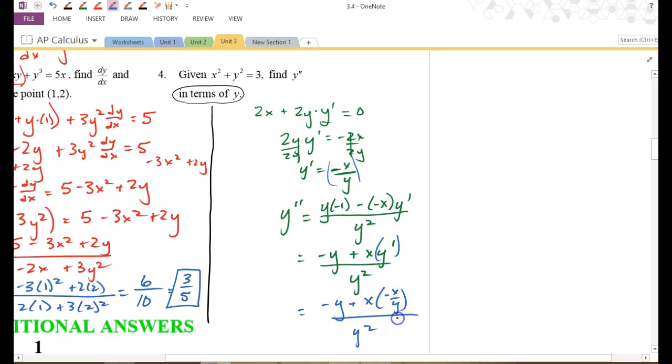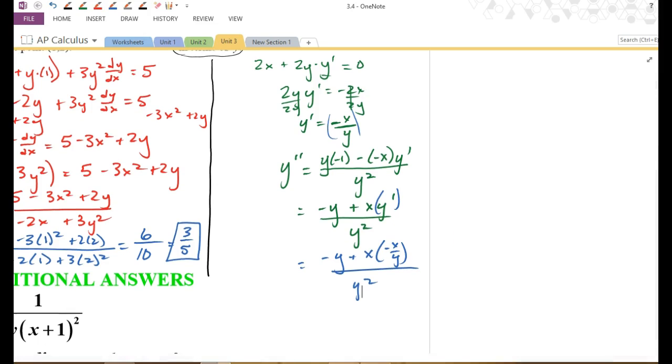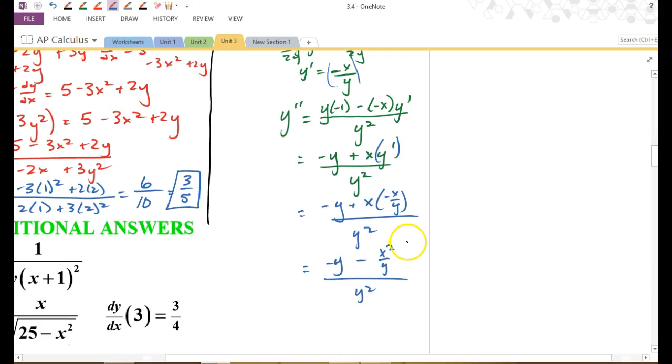Okay, now what I have here is a complex fraction. So this gets a little bit messy. So what I'm going to do is, really what I have is negative y, let's say minus x squared over y all over y squared. Okay, so I can just multiply this top and bottom by y over y, and it will come out eliminating this denominator. Okay, so watch what happens here.